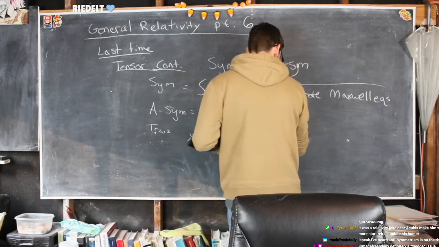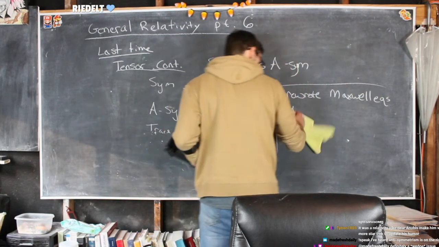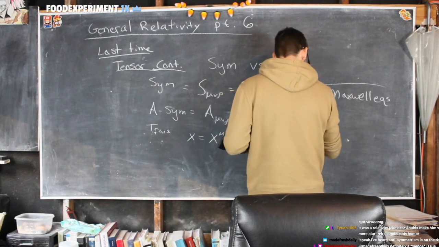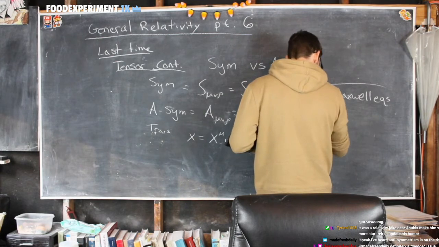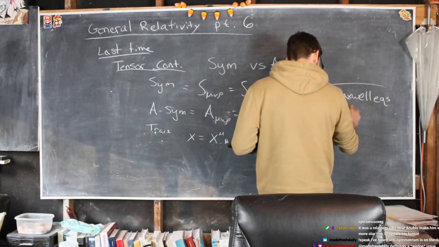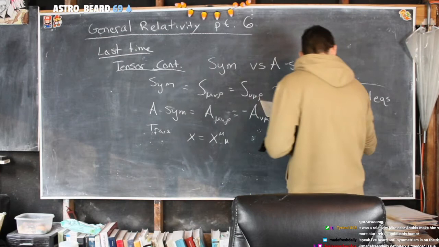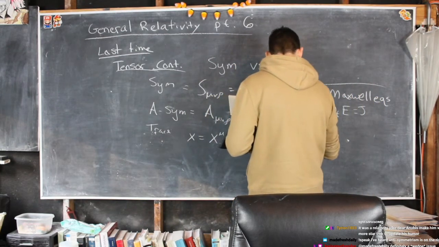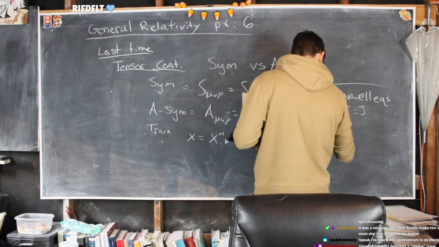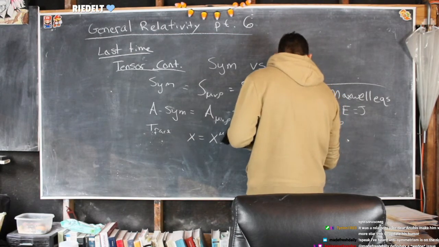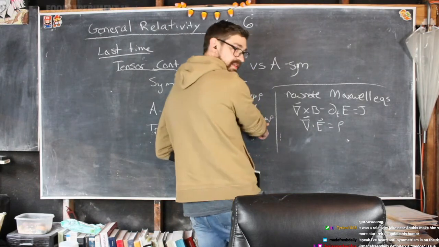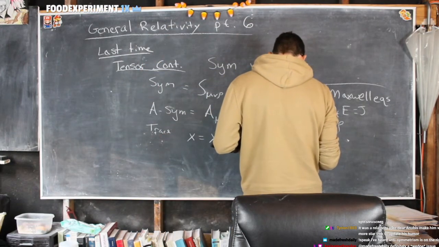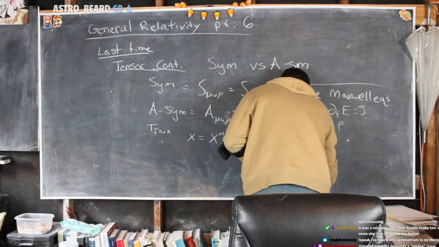We know Maxwell's equations as the curl of B minus the partial of E with respect to t, and that's equal to J. Then we also had the divergence of E, which is equal to rho. Different rho, this is just a dummy index. This is a current density. And then we had the curl of E.